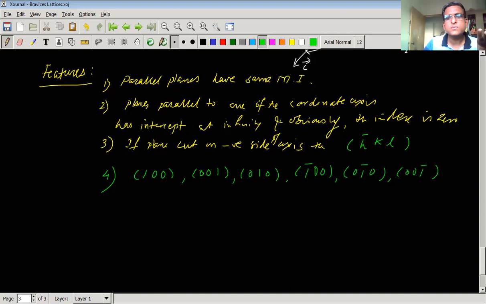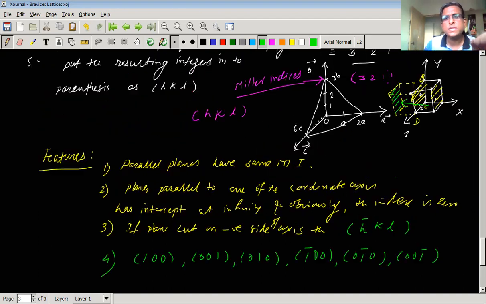Because, for example, this face ABCD will never intersect the x-axis and the y-axis. It will have an intercept only along the z-axis. So the indices will be of this type: 100.